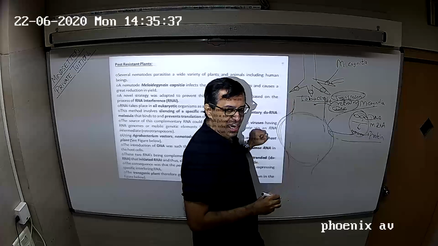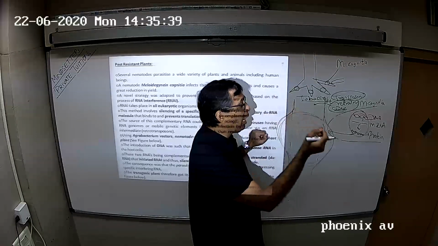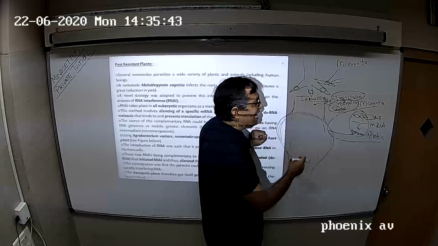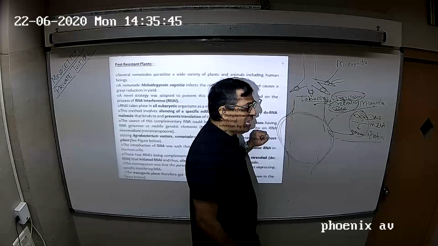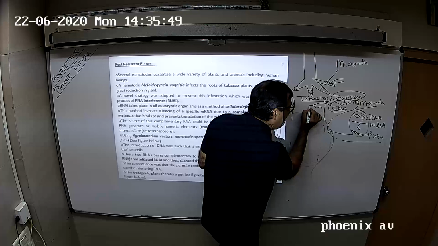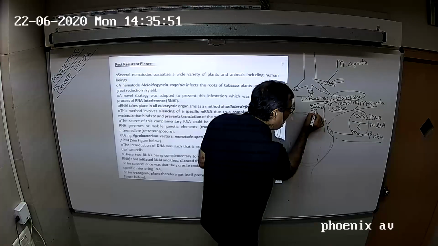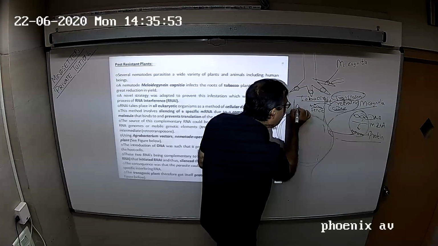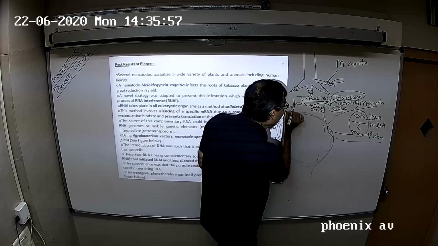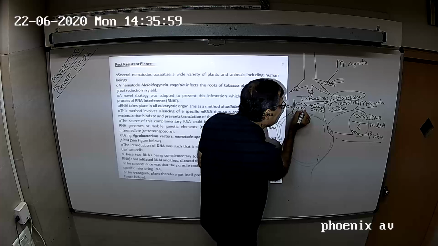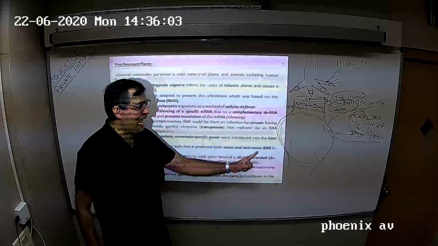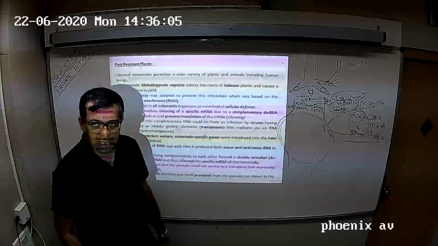using Agrobacterium tumefaciens. So, as we just did, with the help of Agrobacterium tumefaciens this cDNA is inserted inside. Inside the cDNA there are two genes, sense gene and antisense gene. What are the two genes called? Sense and antisense gene.